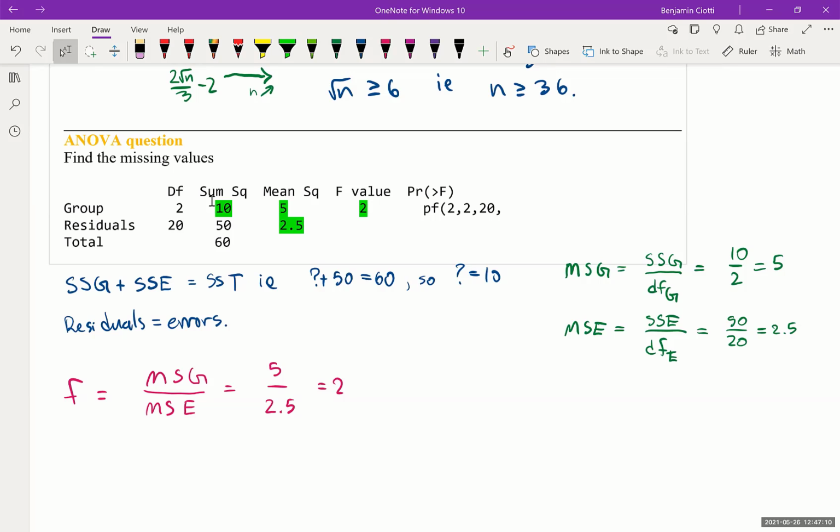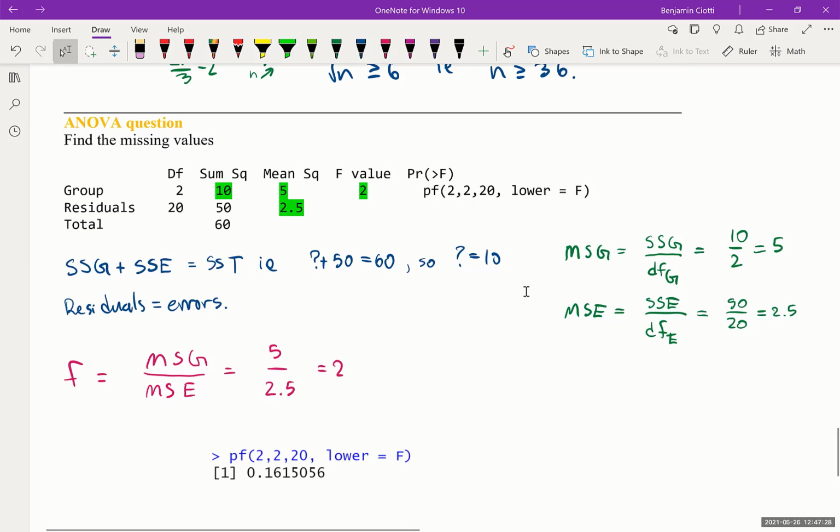And we want the upper tail always, so lower.tail equals FALSE. Let me check this real fast. Okay, so I get 0.16 as my p-value. Cool.